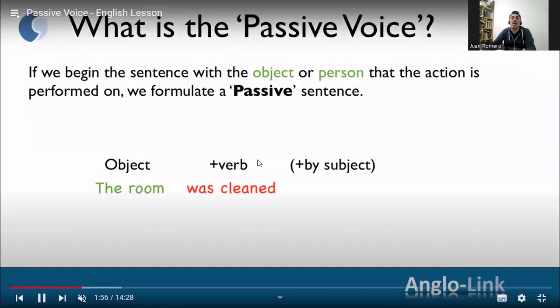And you can say, optionally, by this guy, by John. But you see here, there's no need to emphasize the subject. The room was cleaned by whom? I don't care. By John, of course.